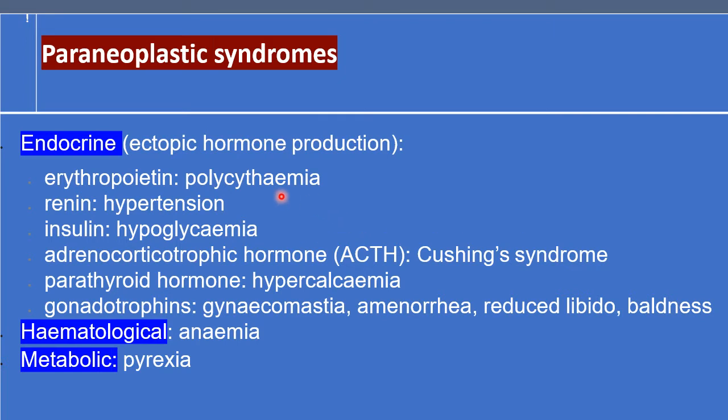Okay, these are the various hormones that can be produced by renal cell carcinoma, and basically with these symptoms they classically present to a physician or an endocrinologist. Hematologically, anemia is another important manifestation, and also fever of unknown origin, PUO.